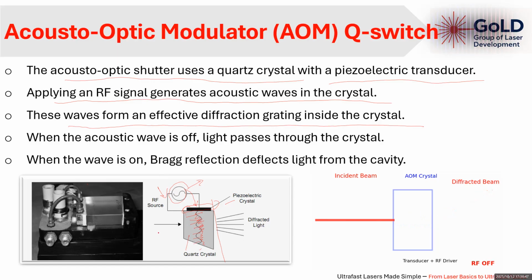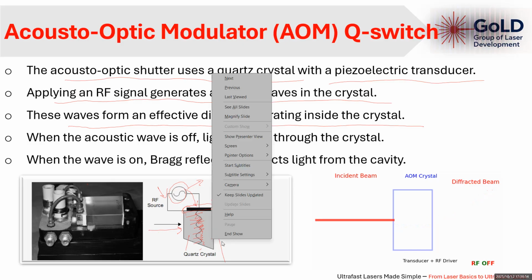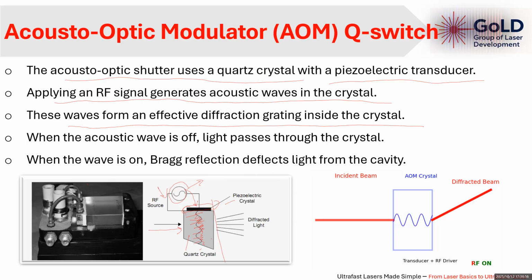So when the light is passing through here, if this is on, the light will not pass straight through. It will be diffracted in some other directions. So the cavity will be blocked in this case. If it is on, it will not let the light pass straight through. It will be diffracted because of that quartz crystal, which is connected to the piezoelectric transducer.